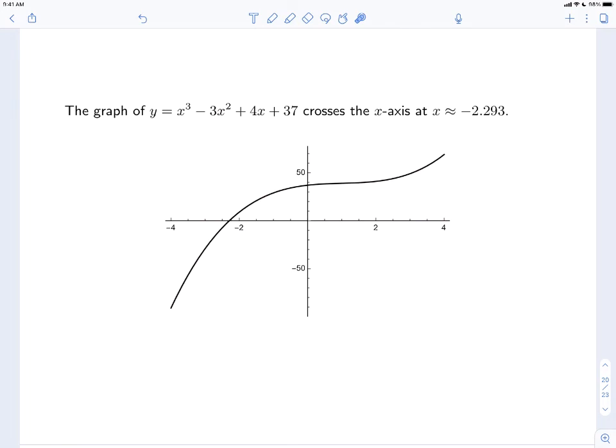The graph of this function, y equals x cubed minus 3x squared plus 4x plus 37, it turns out crosses the x-axis at around -2.293. And where it crosses the x-axis, that's where that function has a 0.